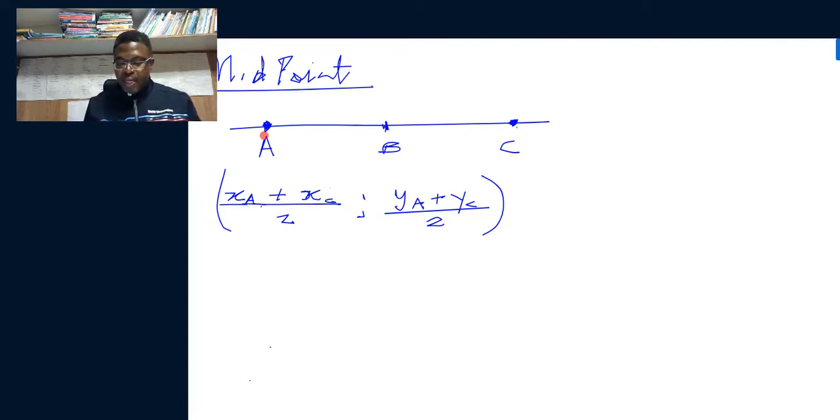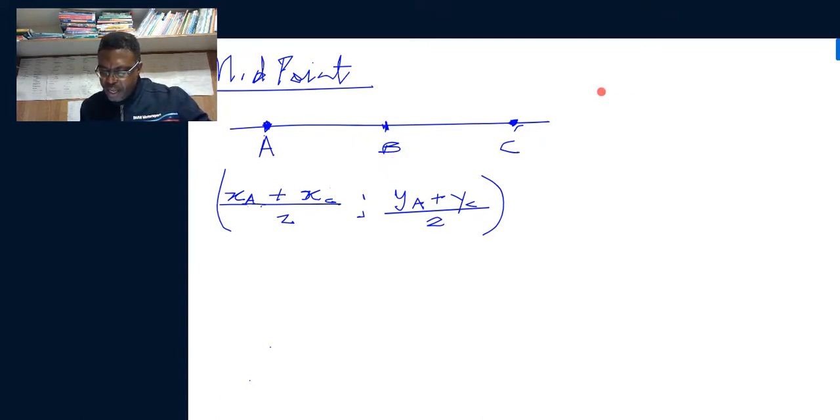If you have line AC, and point B is halfway between the 2 points, therefore we want to determine the coordinates for point B. We may be given, like before, the coordinates for point A and the coordinates for point C.